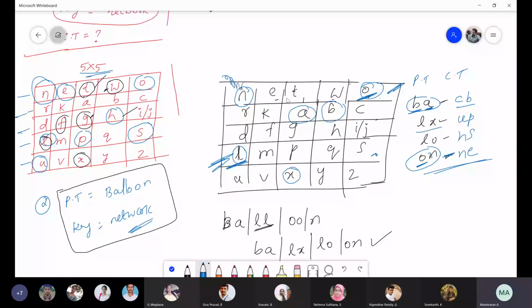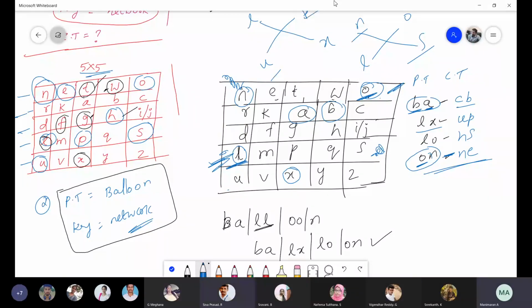This is the diagonal value, no? This is simple, no? Yes, sir. LX means diagonal values are U and P. This is diagonal. See, L is here, X is here. So what is the diagonal value? U and P. The same way, L is here, O is here. What is the diagonal value? N and S. These two are the answer.